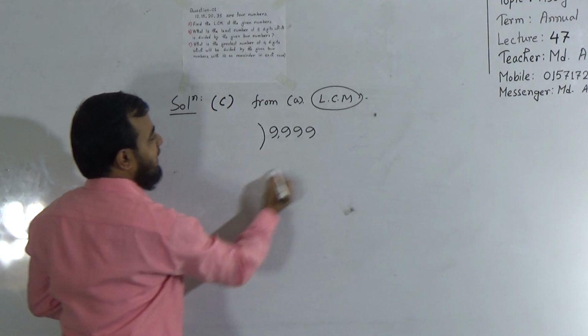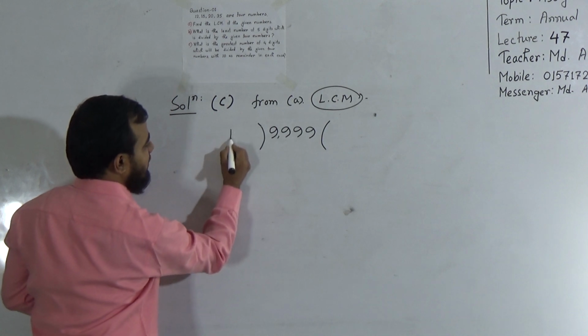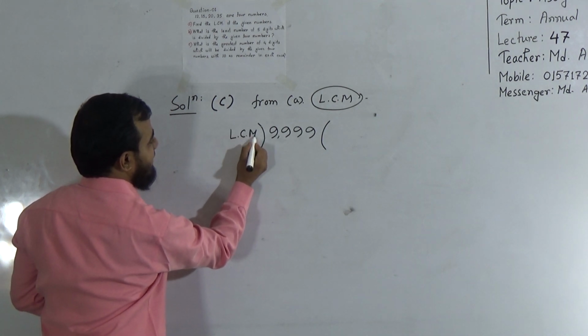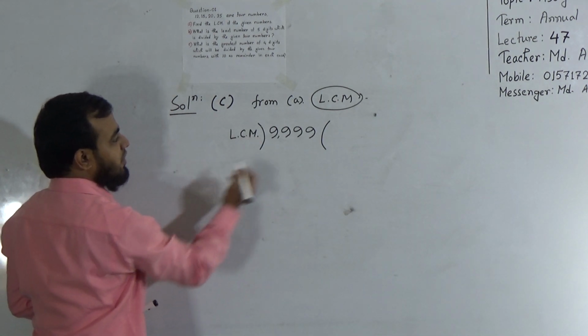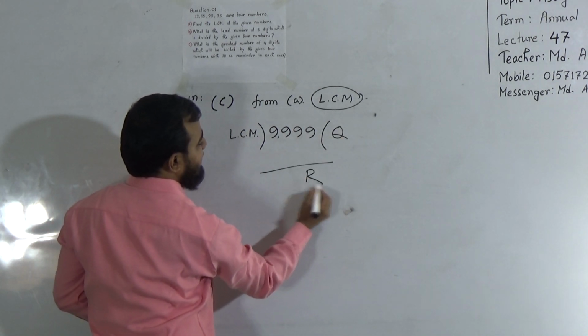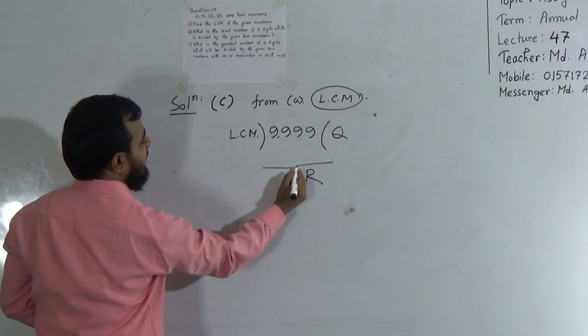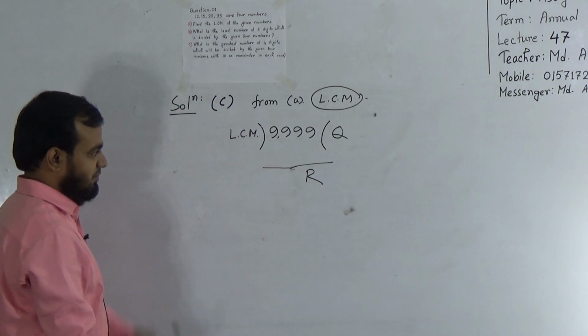To find that number, we have to divide this greatest number by the LCM from activity B. Then we will get some quotient and some number as remainder.